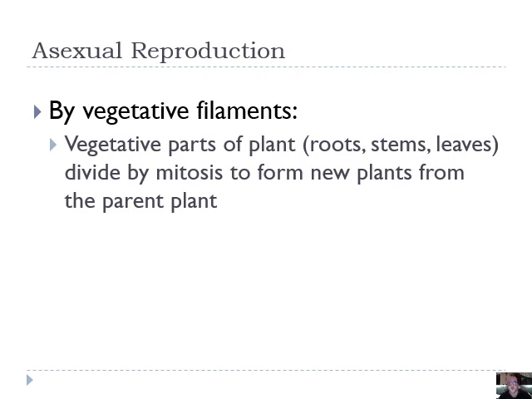Examples are roots, stems, and leaves. We'll talk about how those work a little bit later, and when we get back to class, I'll explain the formation of callus and all those other wonderful bits and pieces. These divide by mitosis to form new plants from the parent plant. To a large extent, asexual reproduction creates clones, but we'll deal with the advantages and disadvantages of that later.